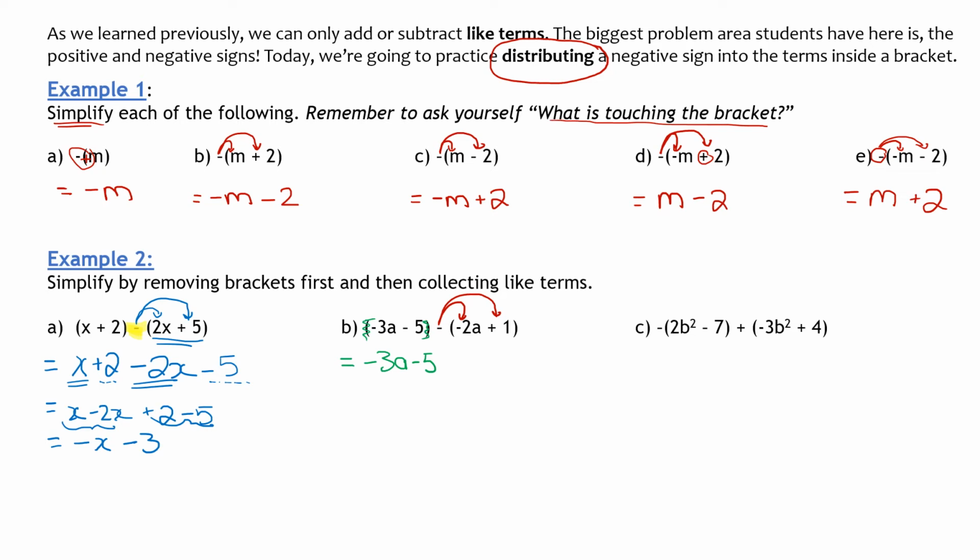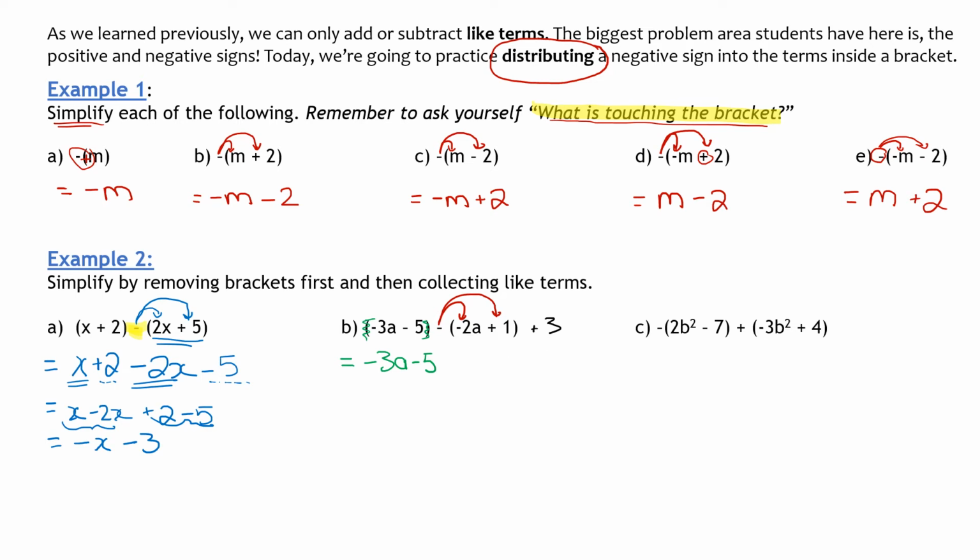If I had a number after the bracket, let's say I had a plus 3 here, I would not distribute the negative to the plus 3 because it's outside of the bracket. Again, this goes back to the top of the instructions for example 1: what is touching the bracket? We're only talking about brackets right here, not anything outside of a bracket.